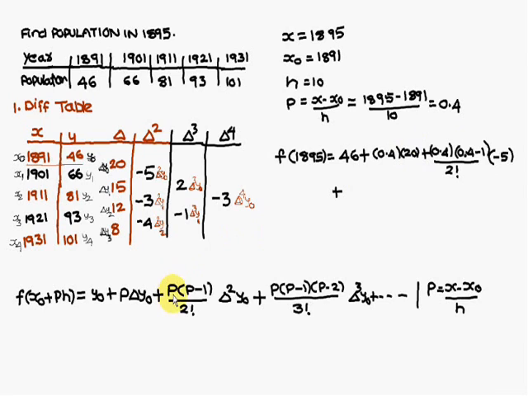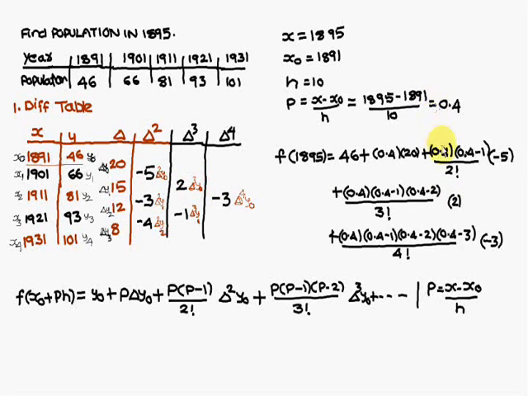Similarly p into p minus 1, 0.4 into (0.4 minus 1) by 2 factorial into minus 5, delta square y naught. Similarly 0.4 into (0.4 minus 1) into (0.4 minus 2) by 3 factorial into 2, delta cube y naught. Similarly minus 3, delta power 4 y naught.